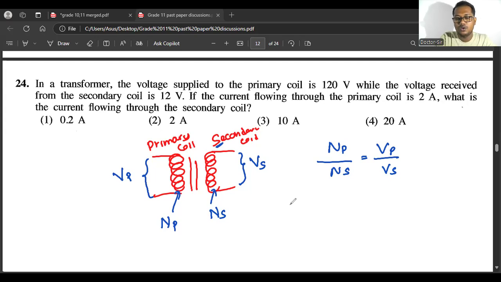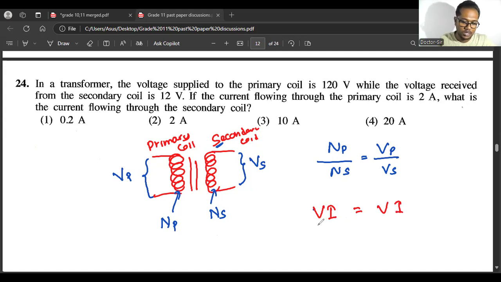So how can we take power? The power is not going to change. We can take power by VI. So here, VI equal to VI.